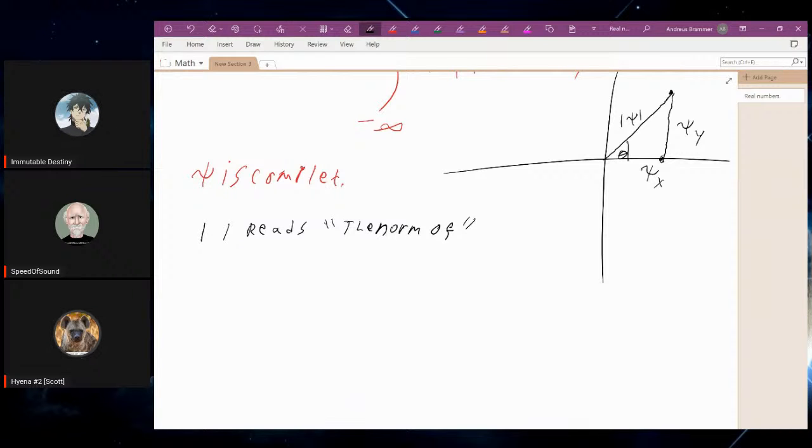And the norm kind of looks like the absolute value symbol too. So the fancy way of saying absolute value is to say the norm of. Yes, in complex numbers, they call it the norm. And this norm of psi is equal to the sum of its components squared. So it's this thing squared plus this other thing squared.